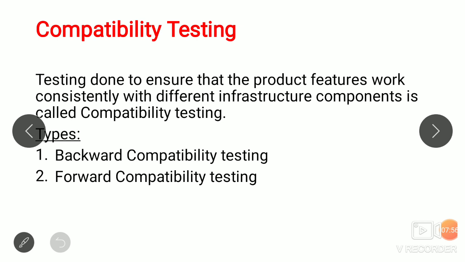And next, various technological components used to generate the components, meaning which technology we are going to use, whether you are using SDK, JDK, like this. Based on the technology, we are going to divide the components, that is, different versions of the software.